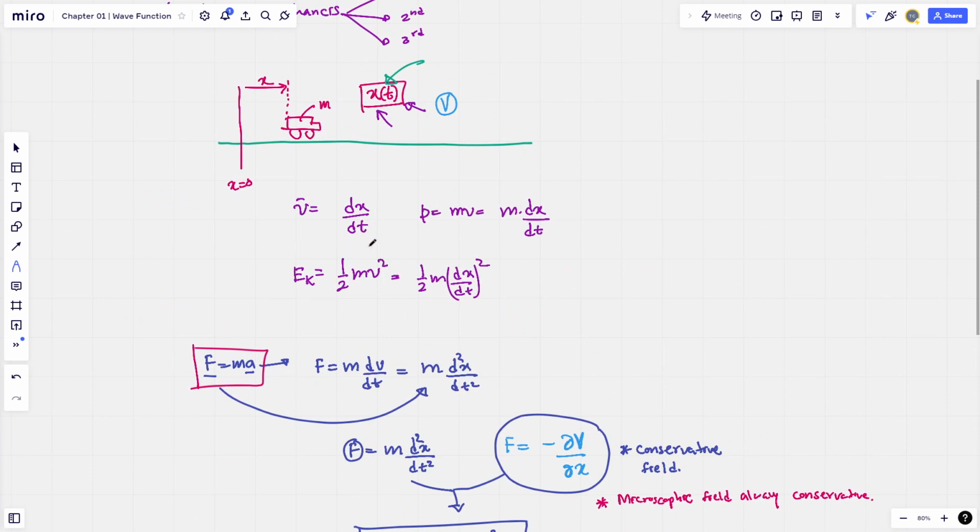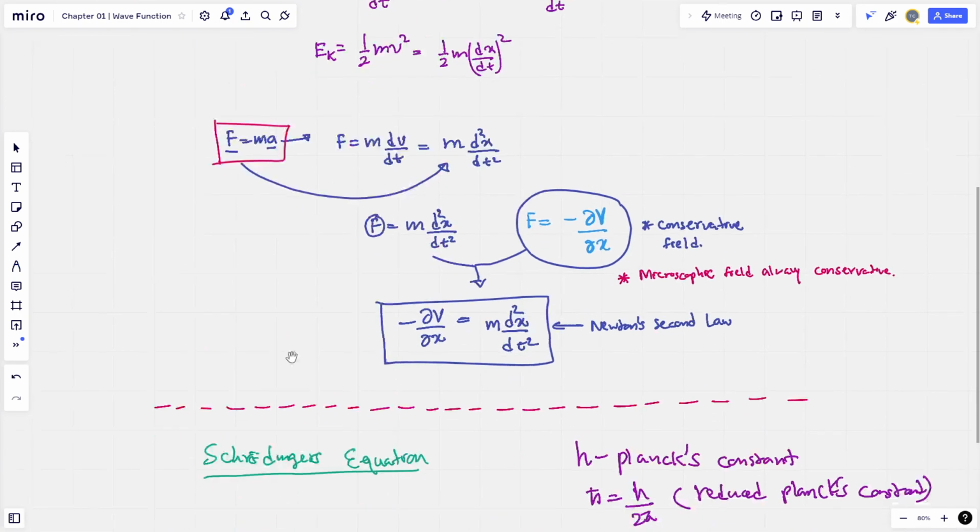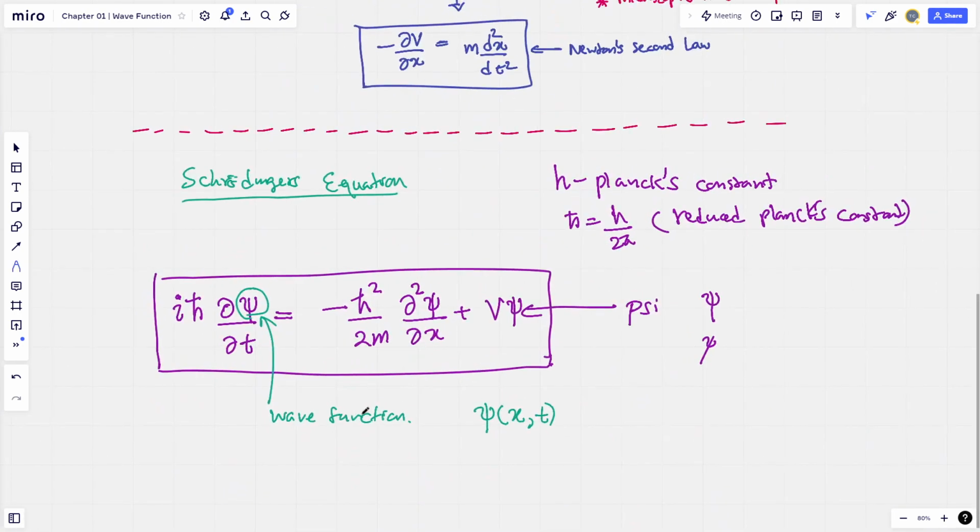If we have the position function of a macroscopic object, we can identify various dynamic variables of that object. Similarly, if we know the wave function of microscopic objects such as an electron, photon, neutron, or proton, we can predict some of its properties using that equation.